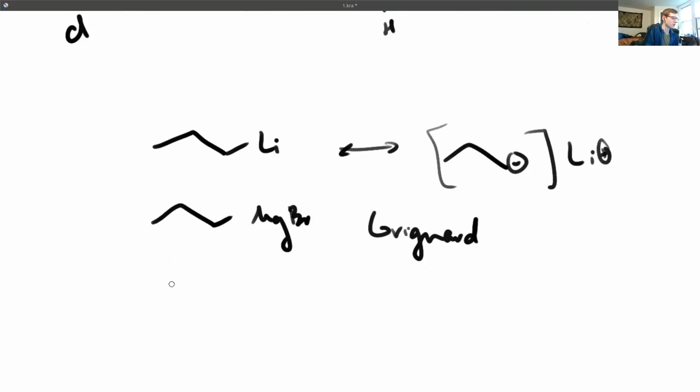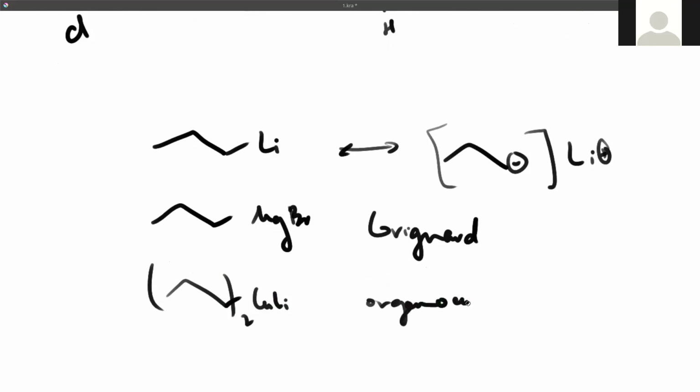And there's also another one, which I don't know if you talked about, but you can also have something that looks like this with a copper in here. These are called organocuprates. But these guys react differently, so we'll put them off to the side for a moment.